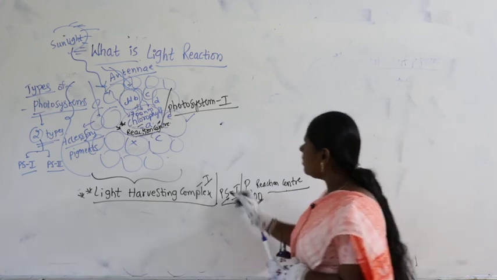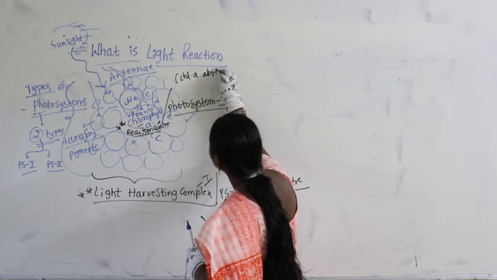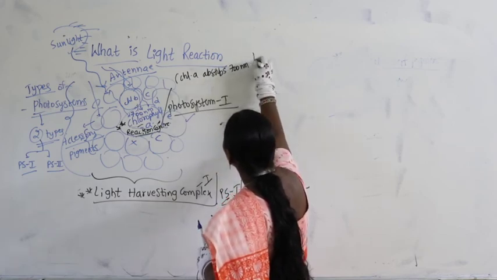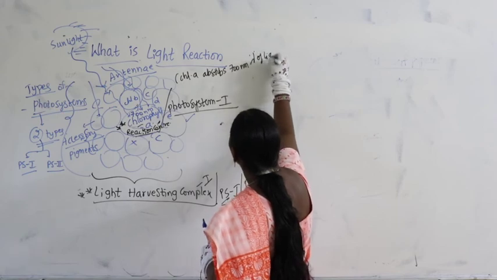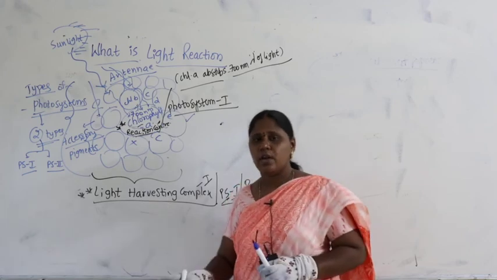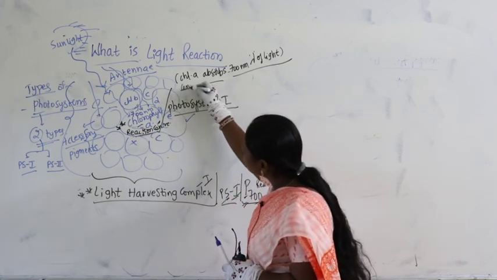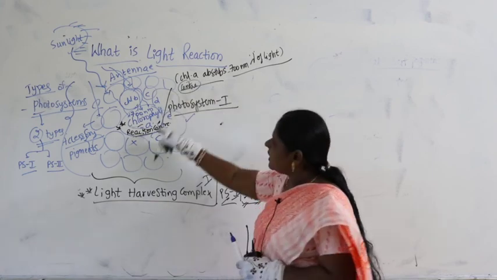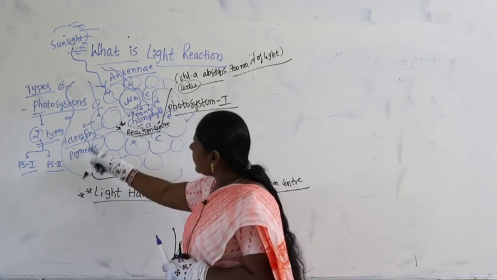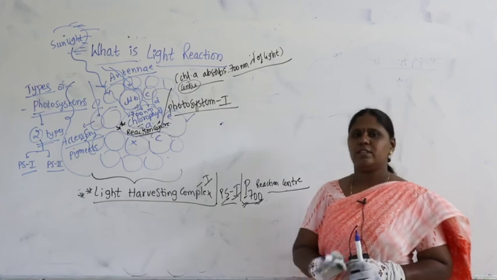Why is it called that? Because chlorophyll A absorbs 700 nanometers wavelength of light. Who absorbs it? Chlorophyll A. Where is it present? In the center. The center chlorophyll A is present, and the surrounding accessory pigments protect the chlorophyll A from photooxidation.